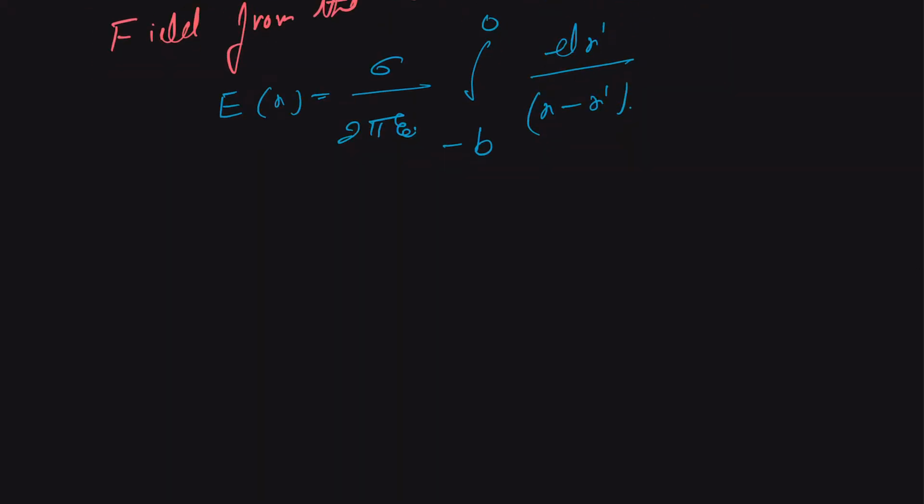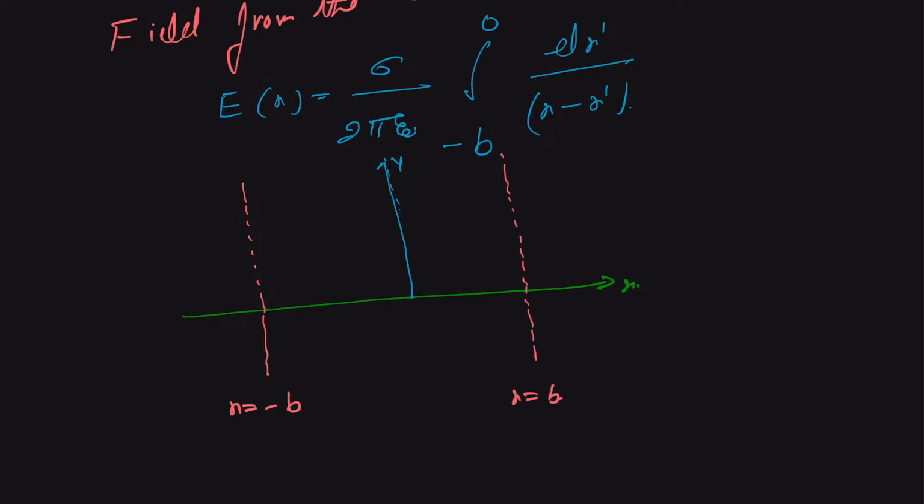If we want to, we can just draw the figure also. This is our x-axis, and we have two strips. One strip is at x equal to minus b, this is our y-axis, and our other strip is at x equal to b.